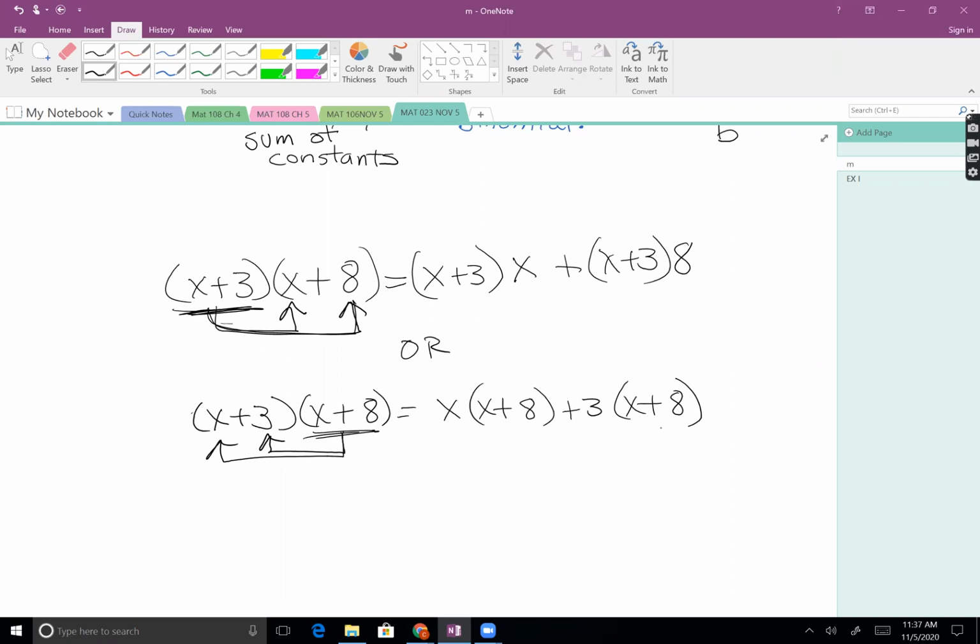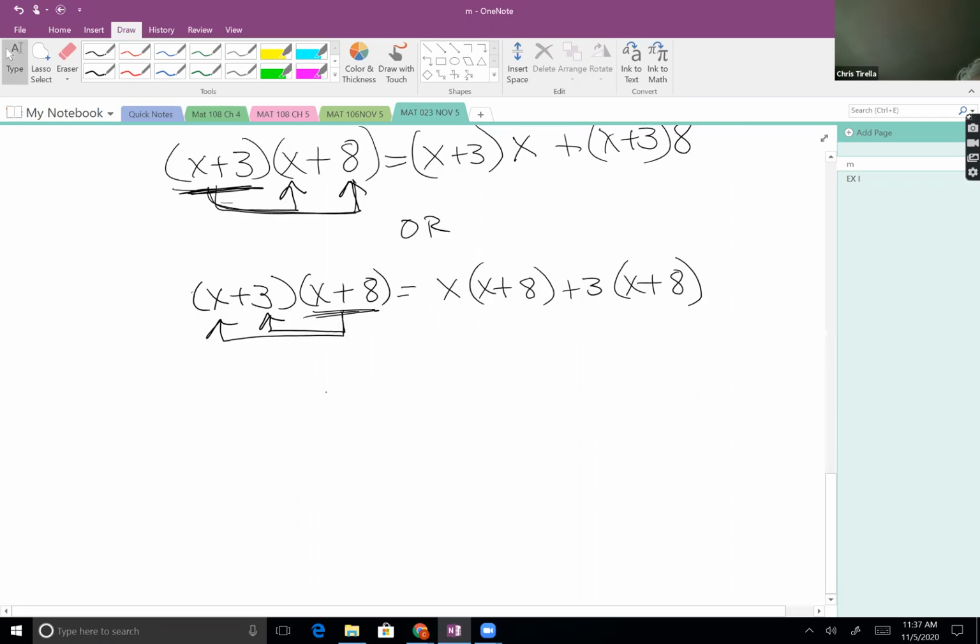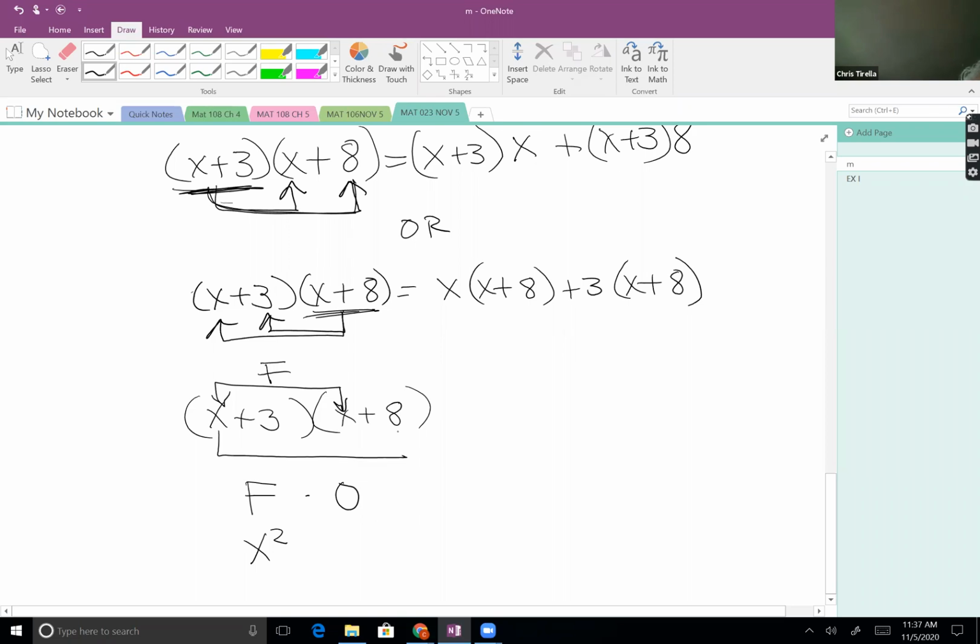That's where sometimes FOIL is just less messy. Yes, my favorite way again is the FOIL, x plus 3 times x plus 8. F is the first one of each. So x times x is x squared. O are the outer edges, the ones that are on the ends. So that would be my 8x.